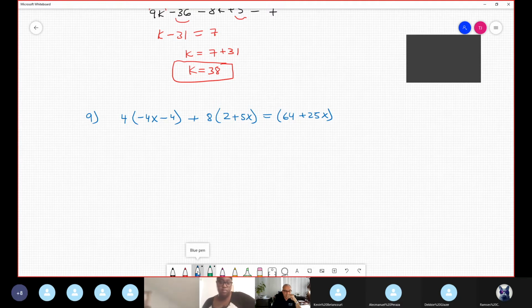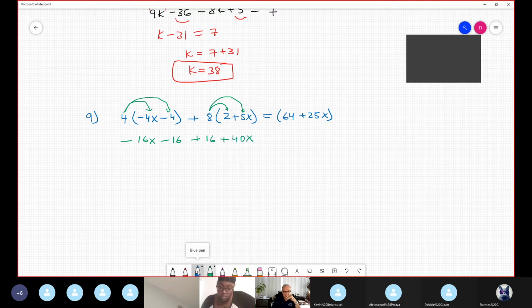Remove the parentheses, distribute the property, the famous distribute the property. It's a minus 16. It's a minus 16 again, but without x. Distribute the property, 16 again, but positive 16. And here is 40, positive 40x.